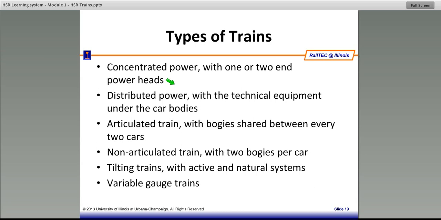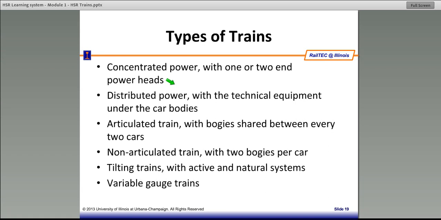And this type of train mainly started from Europe, and basically its evolution is from our conventional steam train or diesel train. They have a power car at both ends.